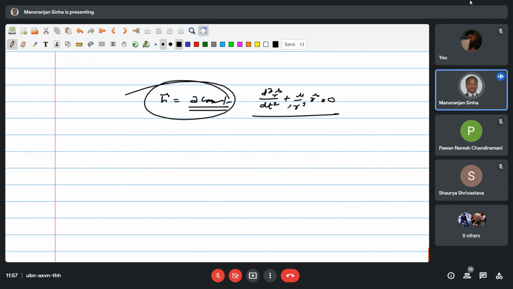His question is that it's a relative motion, in a non-inertial reference frame, and therefore how can this be a constant?